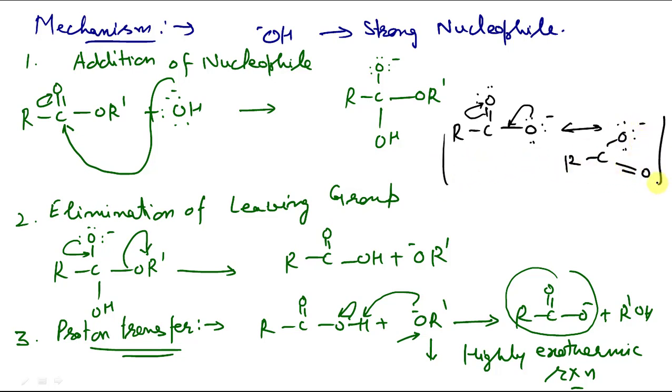Because of this resonance, these are quite stable, so this reaction is quite exothermic, which makes this reaction irreversible. So that is your mechanism of base catalyzed hydrolysis of ester. Here also the carbon oxygen bond gets cleaved, and we can prove it using isotopic tracer studies or isotopic labeling studies. Now I would just like to talk a little bit about saponification.